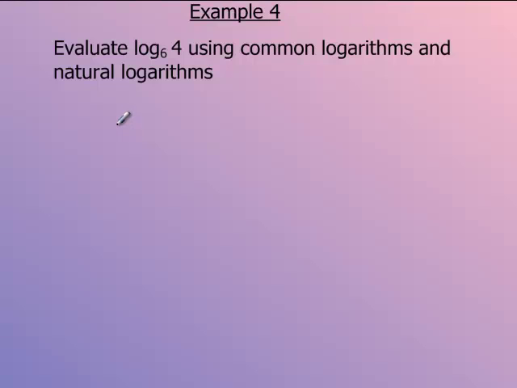So I have log base 6 of 4, and I want to, let's say, change the base to a common logarithm, which is a base of 10. But I could change it to anything. I could change it to a base of 2, a base of 13, a base of 1/2. That's what's cool about the change of base formula. You can do it with anything. But let's do 10.